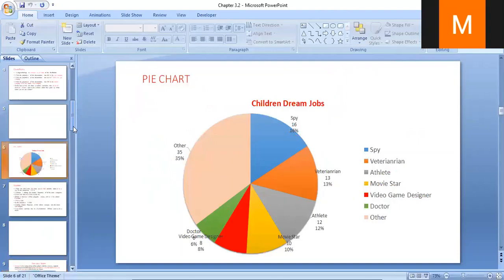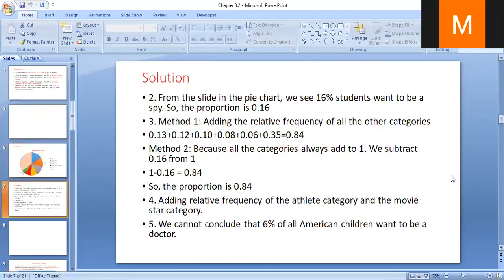Look at the pie chart, you will see it. From the pie chart, we have 16% of students who want to be a spy. So the proportion is 0.16. And for not in spy, you add 0.13, 0.12, 0.10, 0.08, 0.06, and 0.35, and get 0.84.